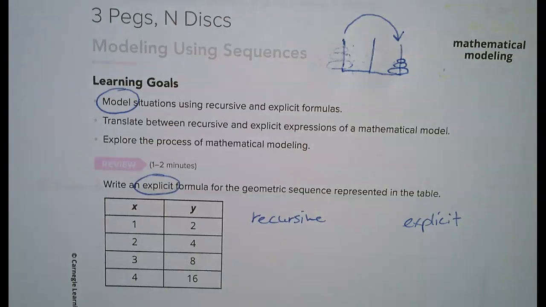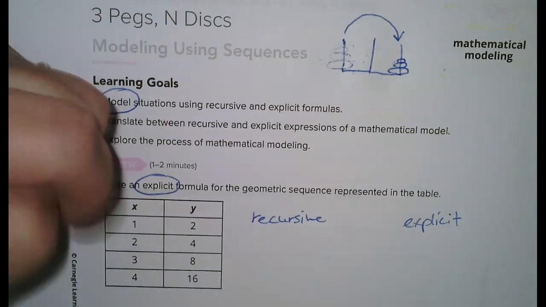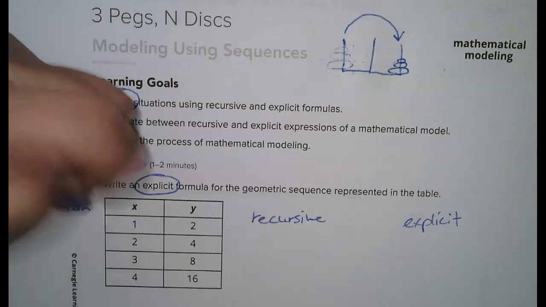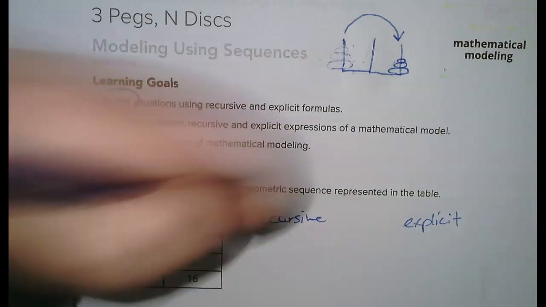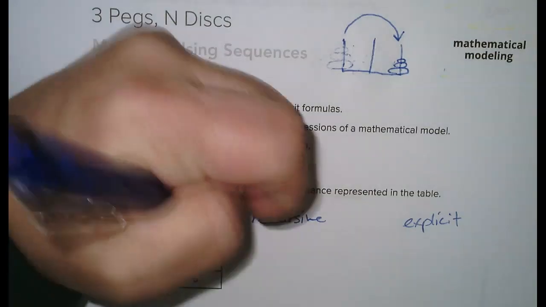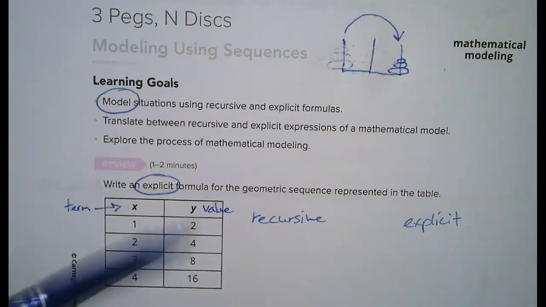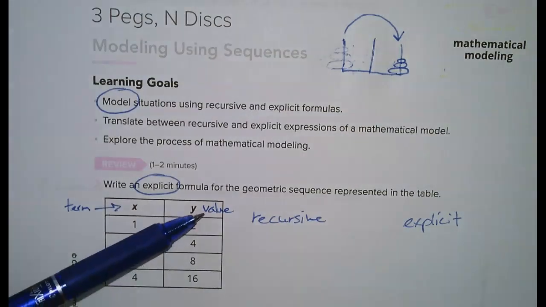So in the recursive formula, we use the term value that came before. So this column right here where it says X, that's the column for the terms. And this column right here where it says Y is the column for the term values. Right?